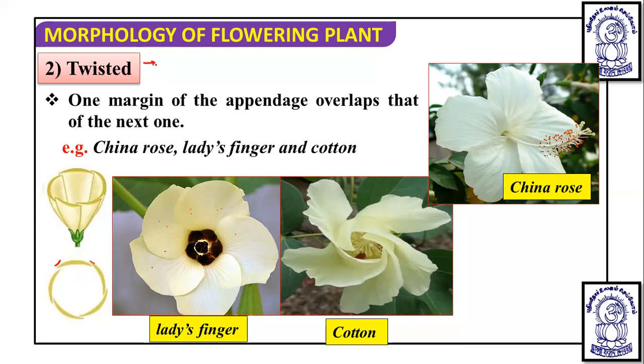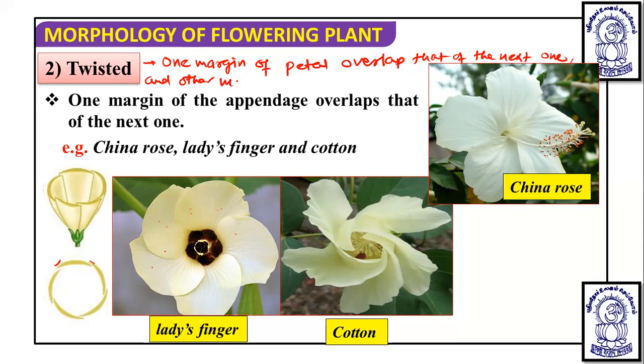So in the definition, one important statement that needs to be written here: one margin of the petal overlaps that of the next one, means the margin of the next petal, and the other margin is overlapped by another one.